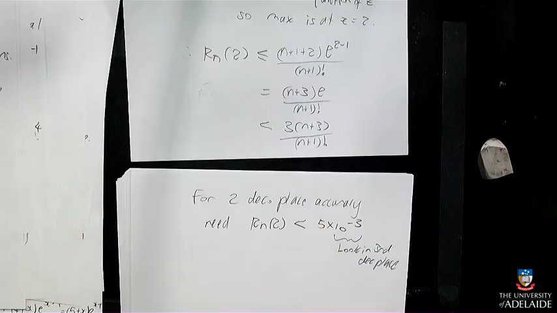But I've done this for so many years that I can see 2 decimal place accuracy and immediately write down 5 times 10 to the minus 3. And if it was 7 decimal place accuracy, it would be 5 times 10 to the minus 8. And if it was 12 decimal place accuracy, it would be 5 times 10 to the minus 13.